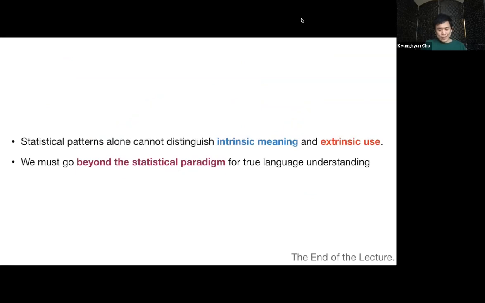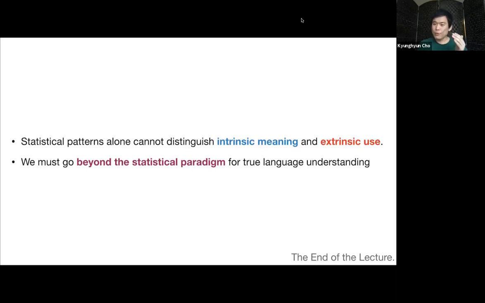So the unfortunate thing is that, as I said earlier, and let me emphasize here, statistical patterns alone simply cannot distinguish intrinsic meaning and extrinsic use of any individual linguistic unit that we are interested in. So we cannot really rely solely on this statistical paradigm in order to build our truly language understanding artificial intelligence agents.